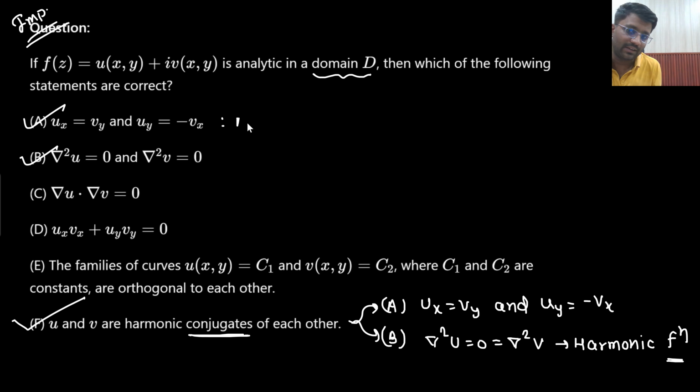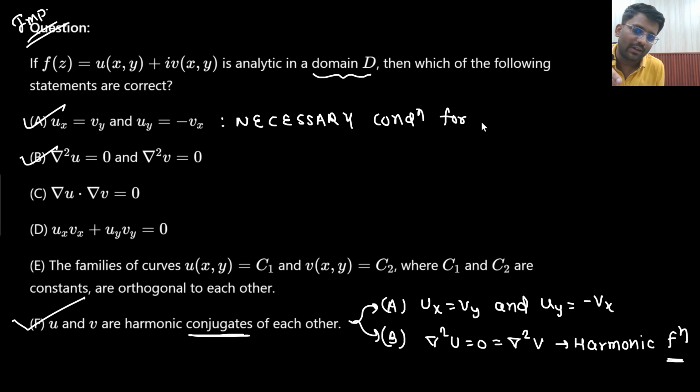This is the necessary condition for the function to be analytic. Only by Laplacian equals 0 you cannot say they will be analytic. But if it is given that the function is analytic, then for sure the Laplacian will be equal to 0. Understandable?